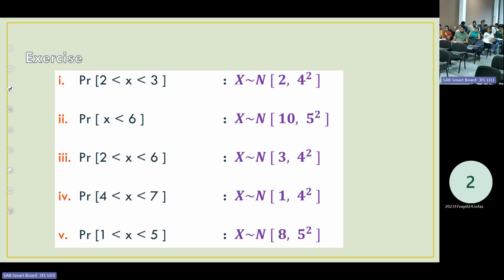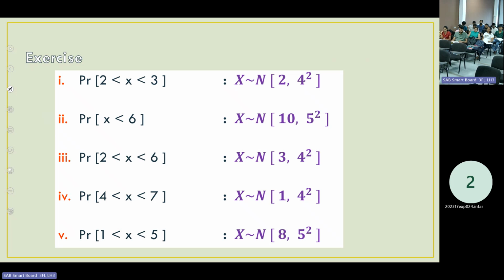One by one we'll take. So first we'll take this. First one, probability 2 less than X less than 3, where X follows normal 2, 4.